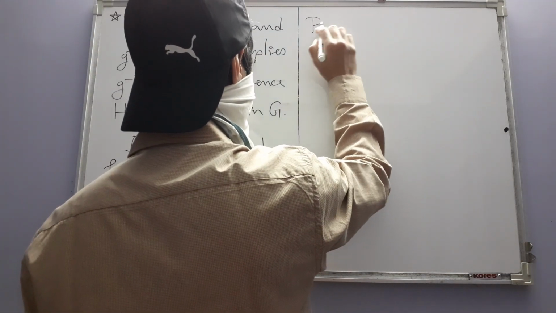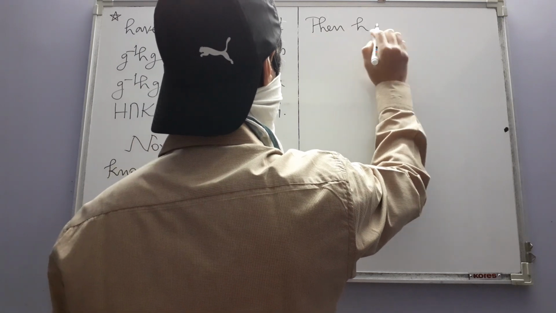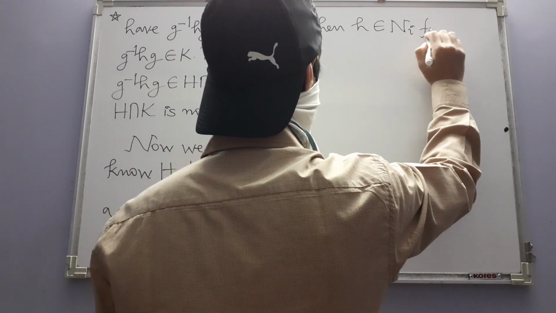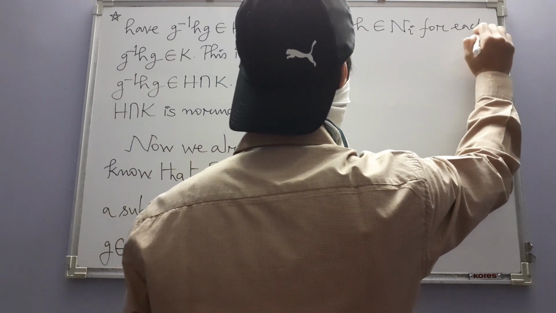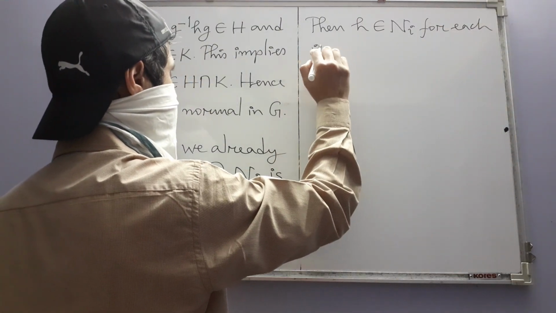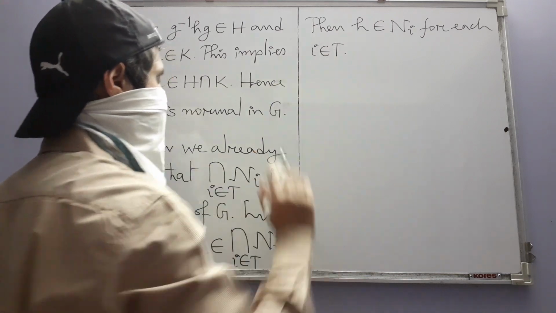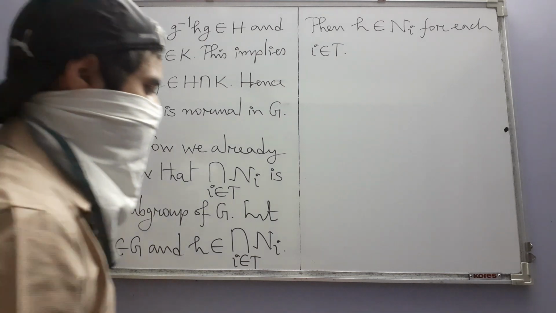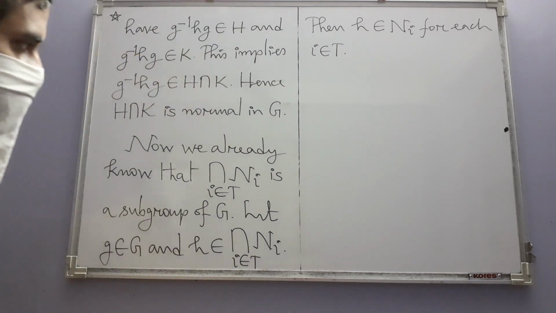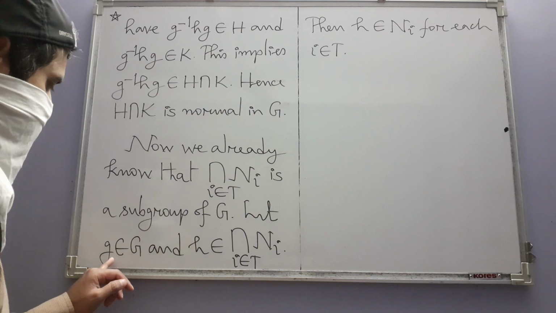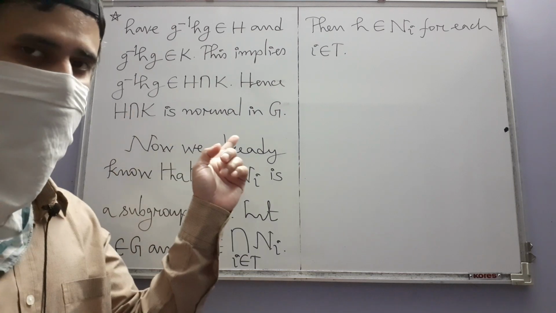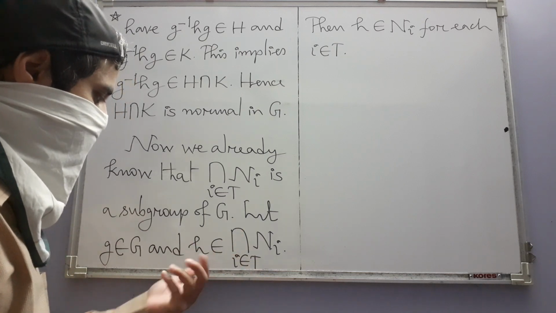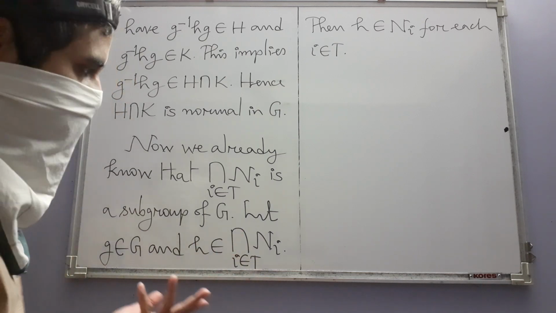Then h belongs to Ni for each i belonging to T. If you feel that you will get confused with this g and h and the previous g and h, you can use some other symbols also.